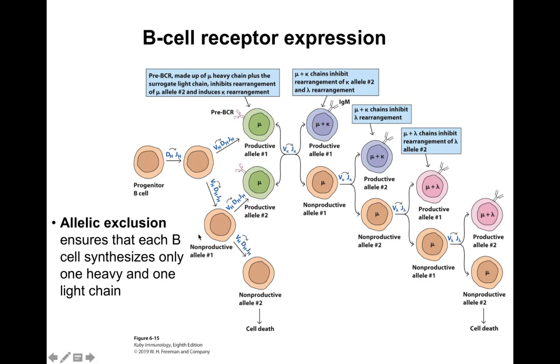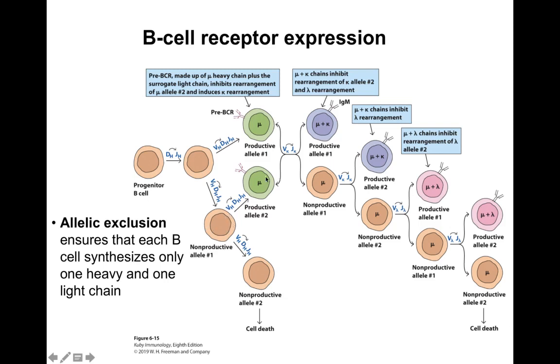If it's non-productive, meaning say there's a stop codon in the middle of it and the gene is transcribed and then ultimately translated, it doesn't make functional protein, it would be non-productive and it has another try.